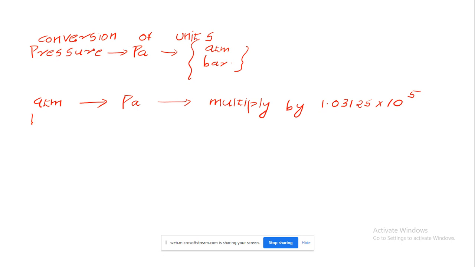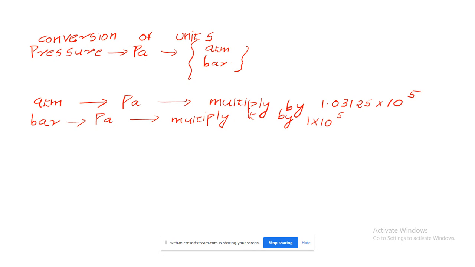Now you have bar. You have it given in bar, and you have to convert it into Pascal. In that case, you have to multiply it by 1 into 10 raised to 5. If you have to convert atmosphere to Pascal, you have to multiply it by 1.03125 into 10 raised to 5.